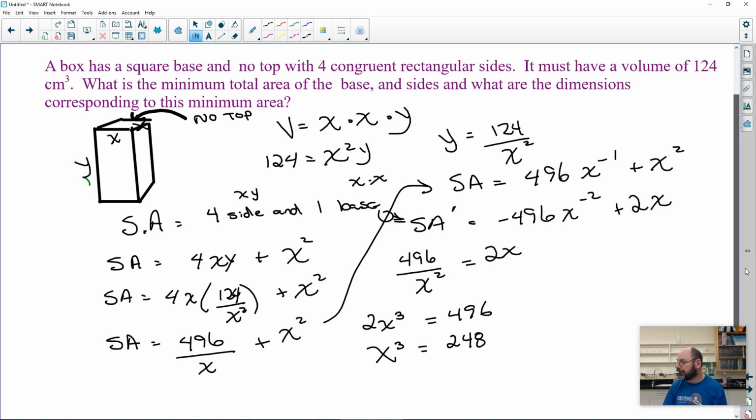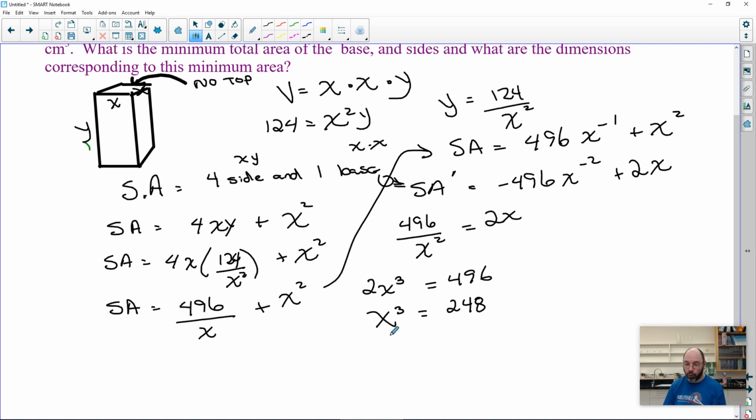Now we have to do the cube root to get our x. So cube root of 248 equals 6.28, or 6.3, for x. We're using centimeters.